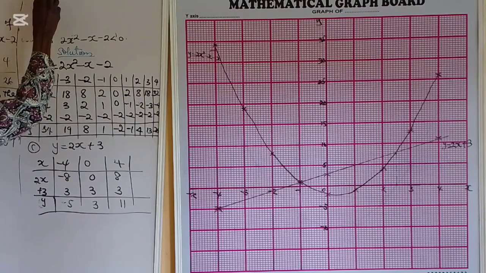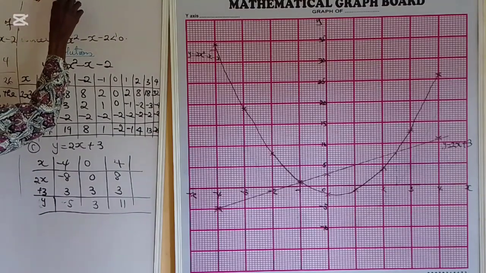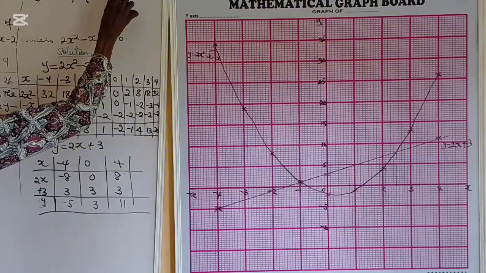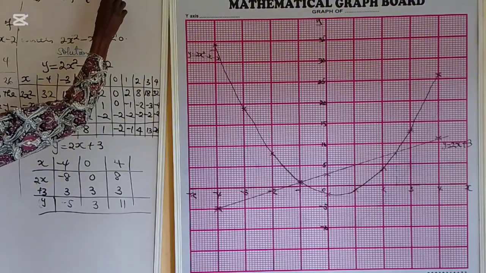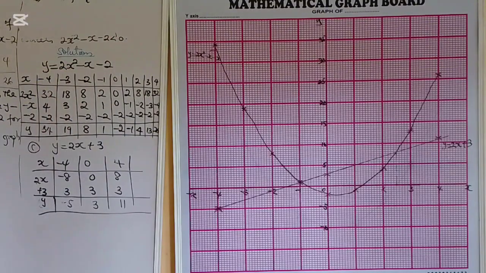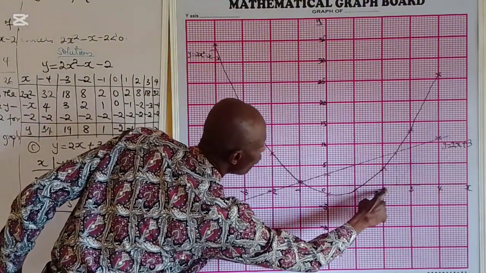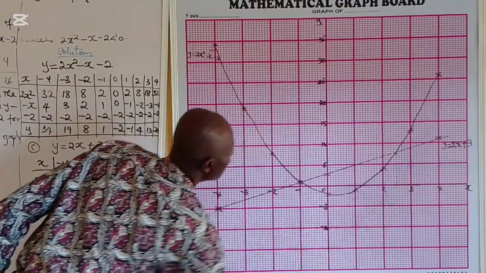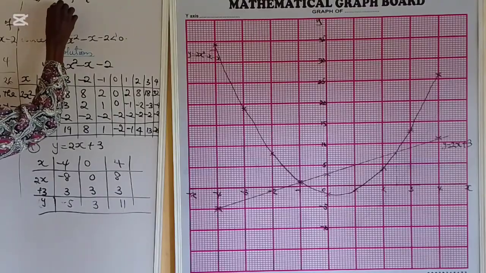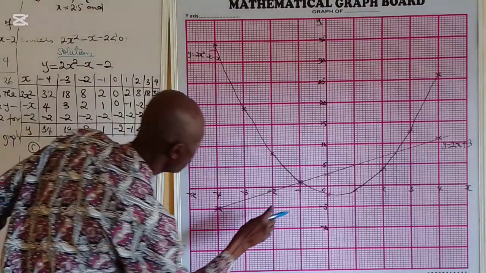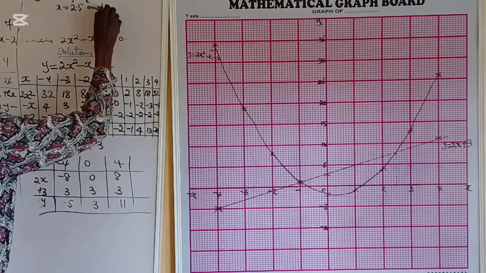So to get the root of the equation of y is equal to 2x squared minus 3x minus 2, look at it here, here is 2.1, 2.3, 4.5. So x is equal to 2.5 and then when you come here it's minus 1.